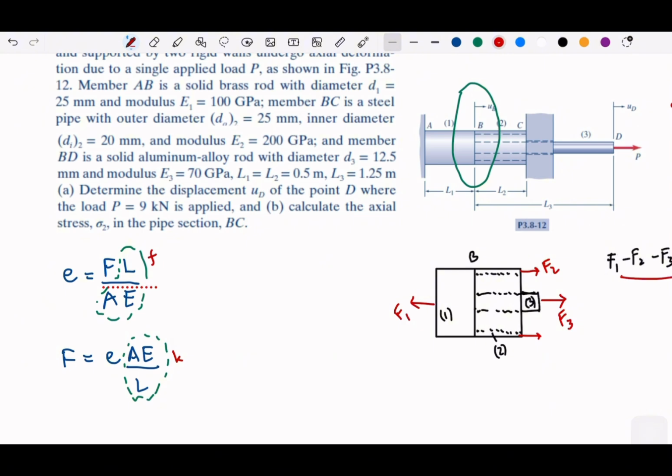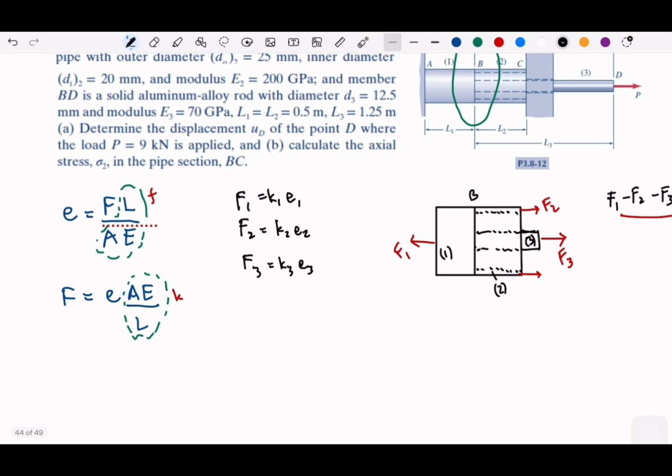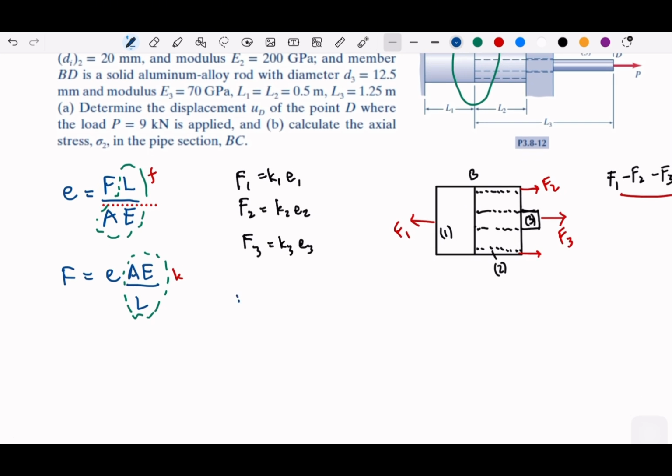So we can write F1 is K1 E1, F2 is K2 E2, and F3 is K3 E3. And then we can first find the K1 is A1 E1 over L1.